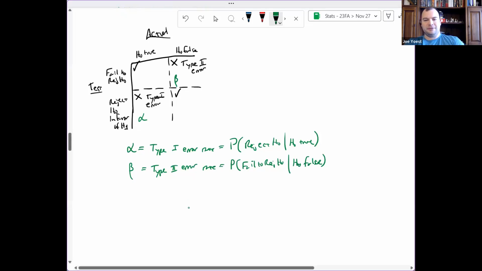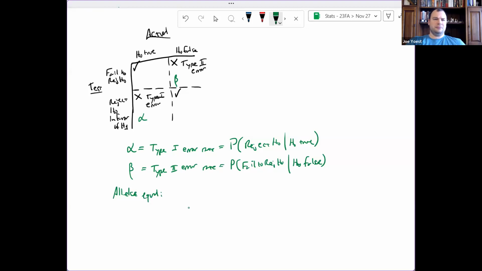Now, alpha and beta have an inverse relationship. So if all else is equal, so if we don't change the sample size or the standard deviation of the population or any of that kind of stuff, if we push one of these error rates down, that pops the other one up.